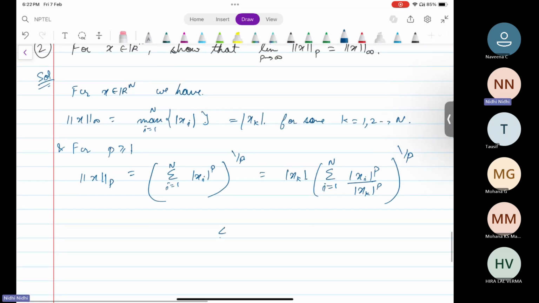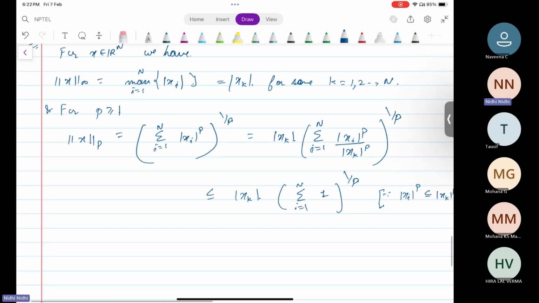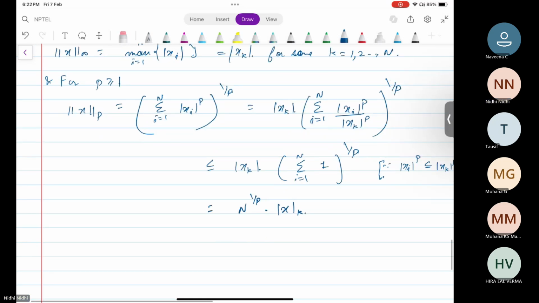Now this is less than or equal to mod xk times the summation from 1 to n of 1 to the power 1 by p, because mod xi to the power p is always less than or equal to mod xk to the power p, because basically xk is the largest term. So this gives us n to the power 1 by p times mod xk.